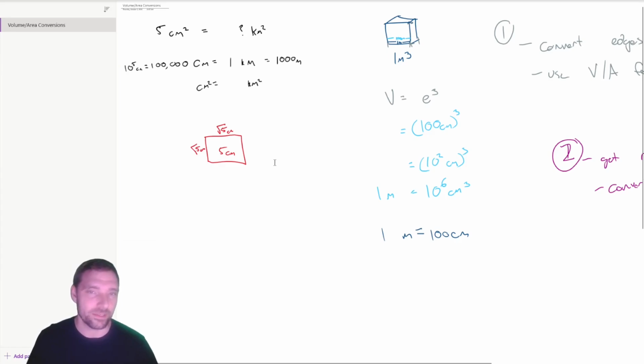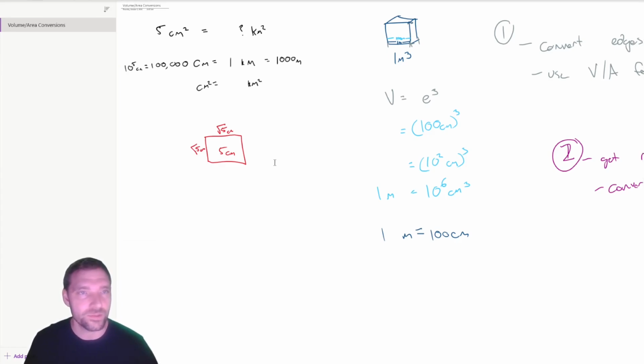I can do the same thing with kilometers. So if I know my ratio of centimeters to kilometers, then it's just a matter of plugging it in here. This is square root 5, but the unit is centimeters. We want to cancel out with centimeters. I believe we're going to kilometers.